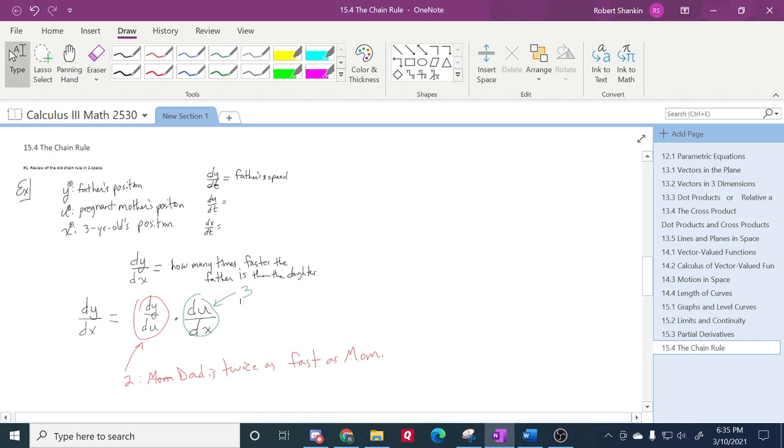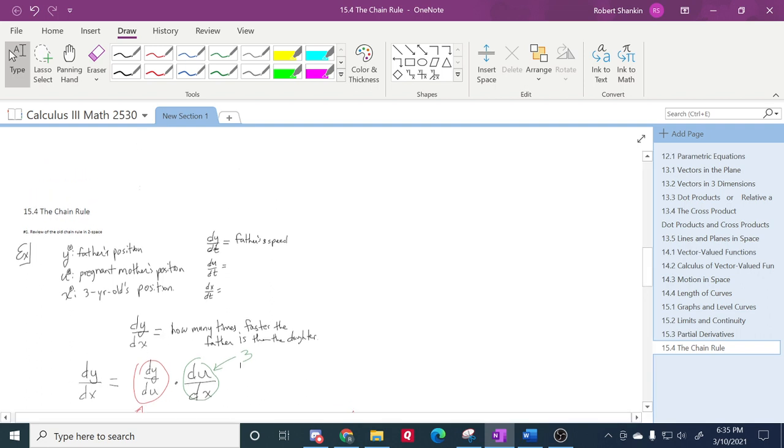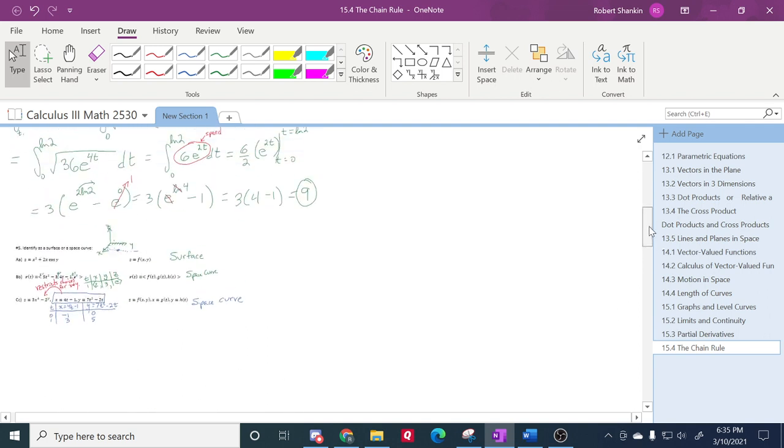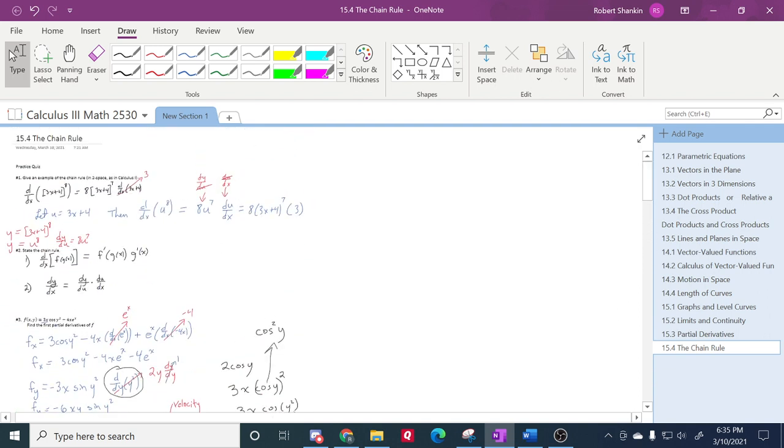Okay, but how do we know that we've picked the right intermediary function? It doesn't matter. You don't have to pick the right intermediary function. Any intermediary function can do it. On this problem up here, we only picked the function u to be 3x plus 4 so that we could rewrite y as u to the 8th, so then dy du would be a nice easy thing to do.